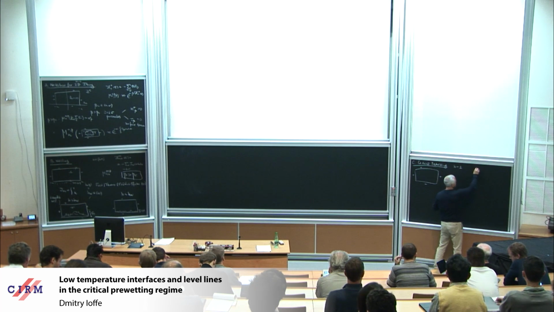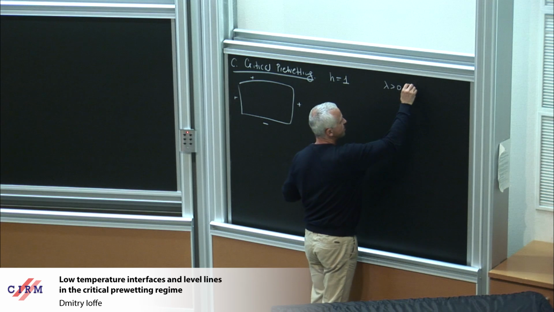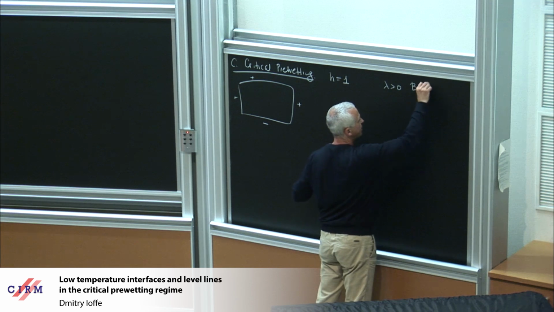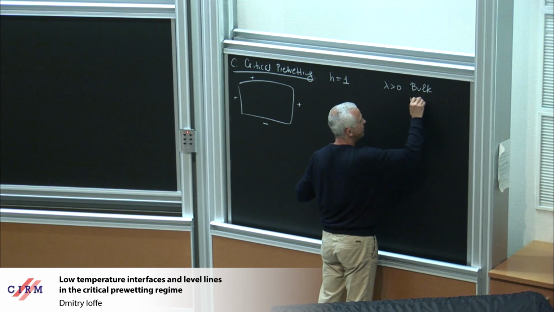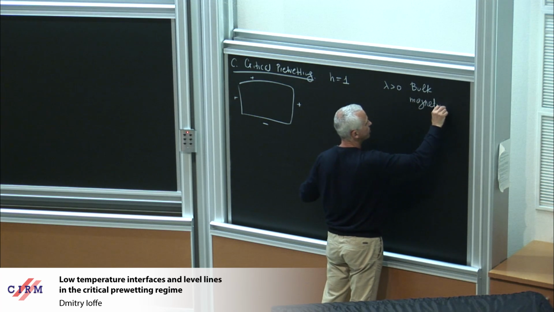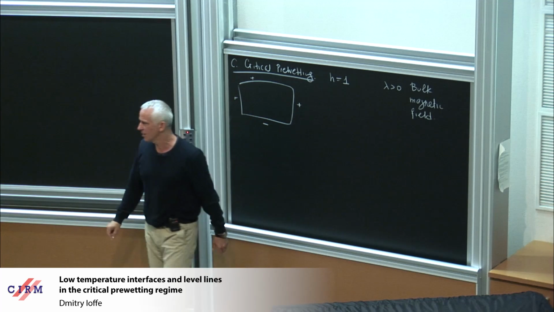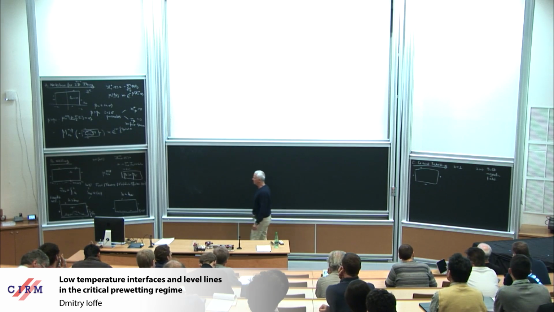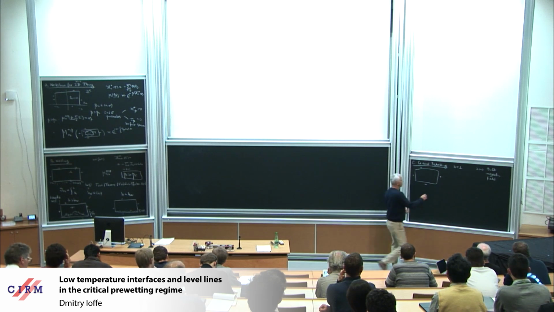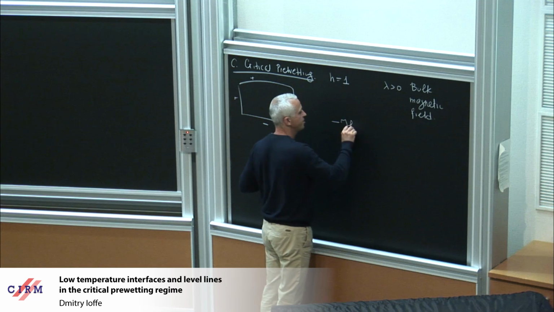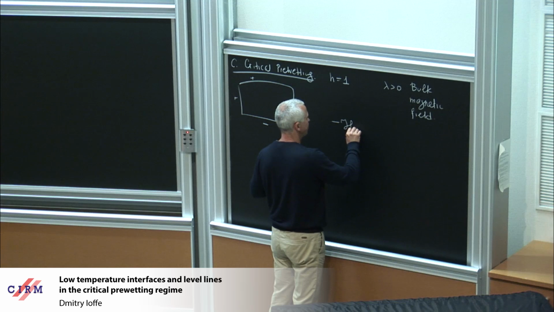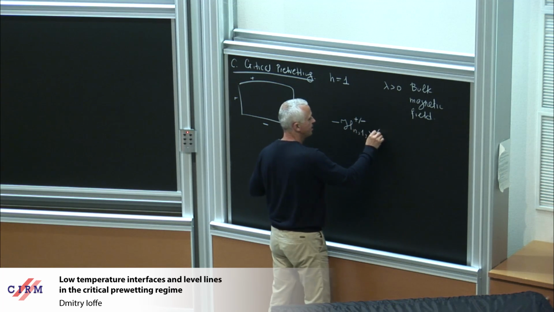But now I'm taking lambda larger than 0, something which is called bulk magnetic field. And I'm considering yet another modification of this Hamiltonian. I'm adding bulk field to it. So I have minus h, and here we have μ_N^{1,λ,±} of σ.